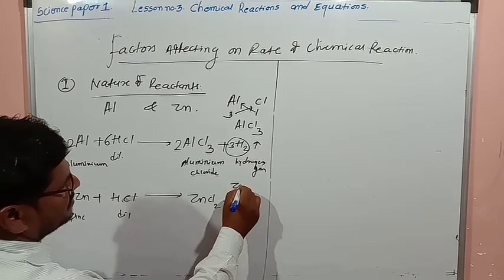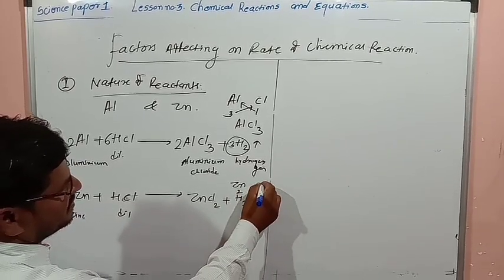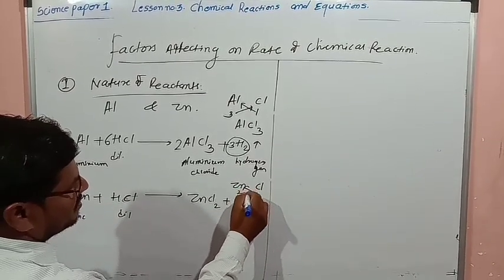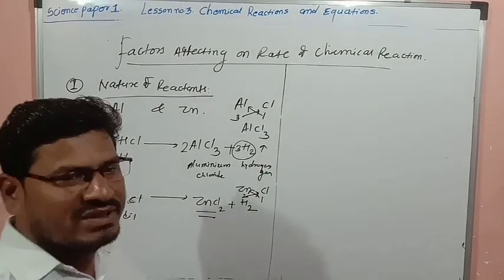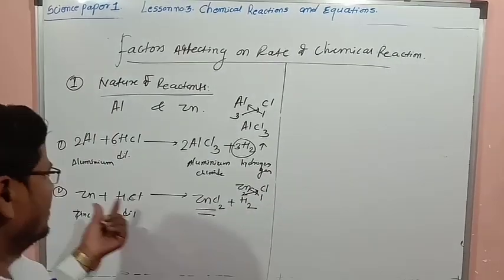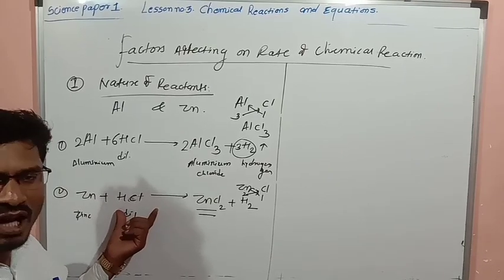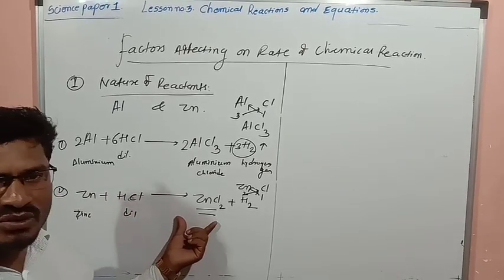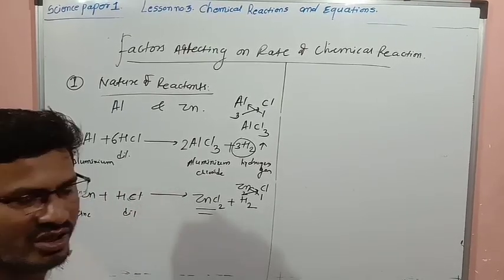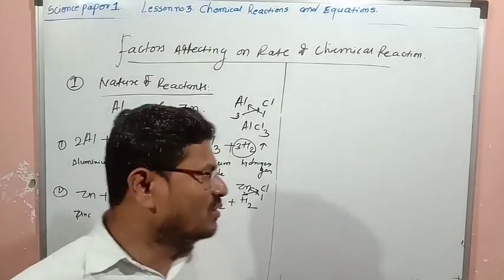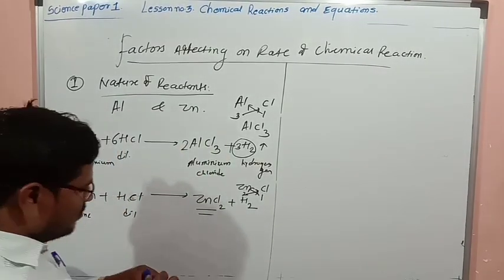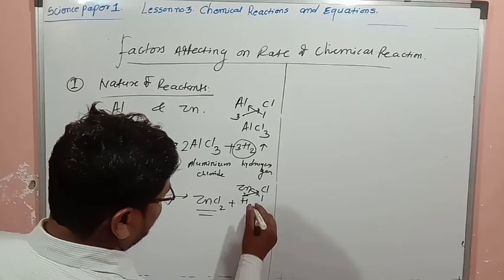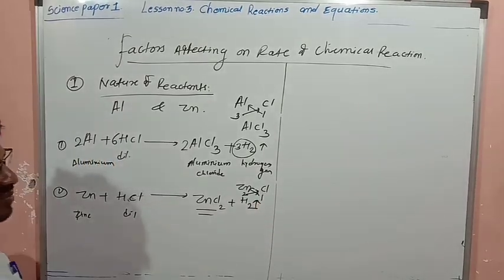Why ZnCl2? Zn's valence is 2 and Cl's valence is 1, and if you do the cross multiplication, you get ZnCl2. So in the second reaction, zinc reacts with dilute hydrochloric acid and gives zinc chloride, hence ZnCl2, and hydrogen gas is liberated. For hydrogen gas we put an upward arrow.